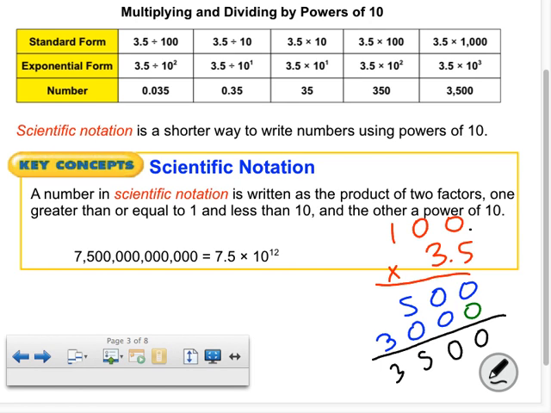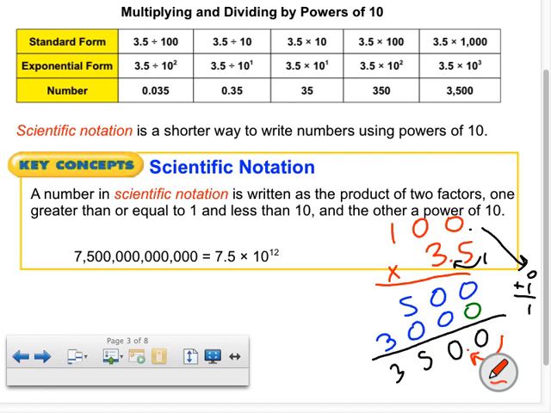How many decimal places are there with 100? None. There's 0 places. How many decimal places are there with 3.5? It goes in 1 place, right? So 1 plus 0, 1 place. Now I'm going to take this 1 place, and I'm going to go in, how many places? 1 place.